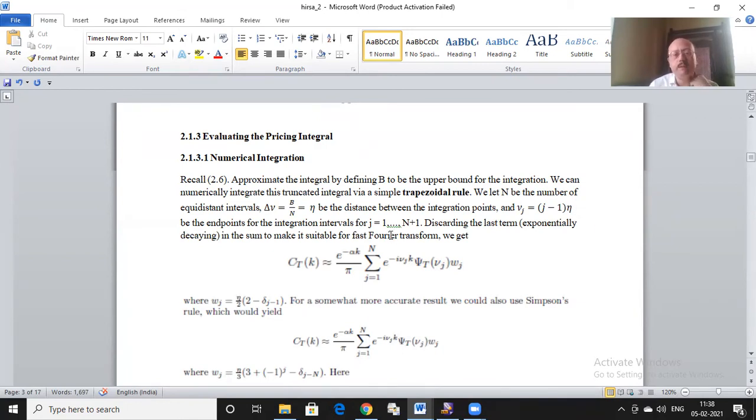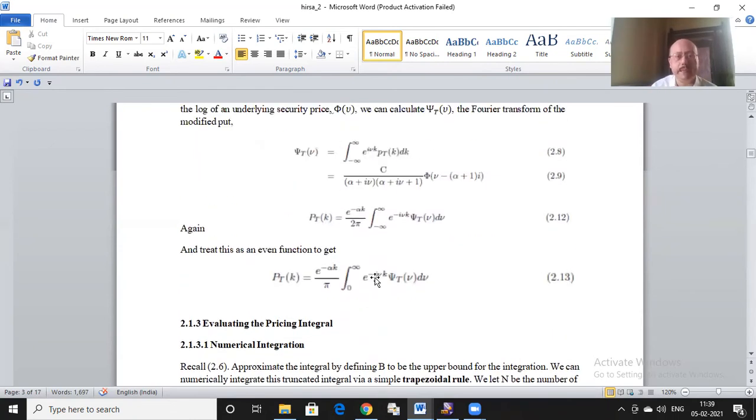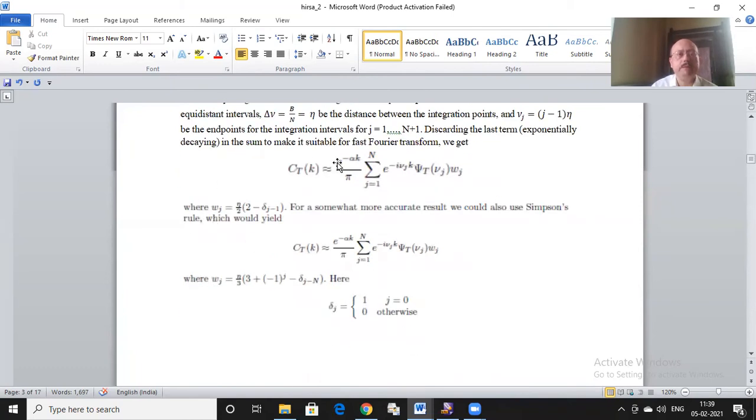For j equal to 1 to N plus 1, nu_j are the evaluation points. We will discard the last term because the terms are exponentially decaying, so that it makes the summation suitable for a fast Fourier transform.